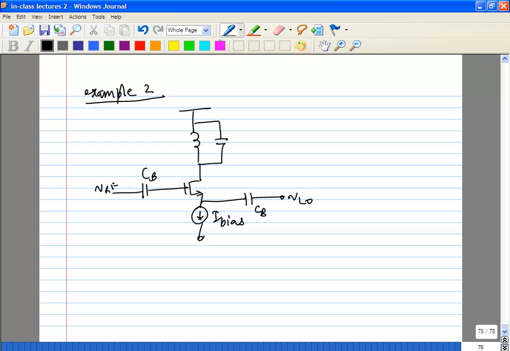You need two blocking capacitors, and you need a bias voltage. This is slightly better because now your LO and RF signals are isolated through your CGS. It's still better than the previous case, but still not good enough.